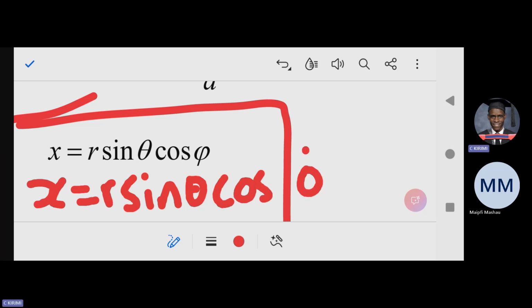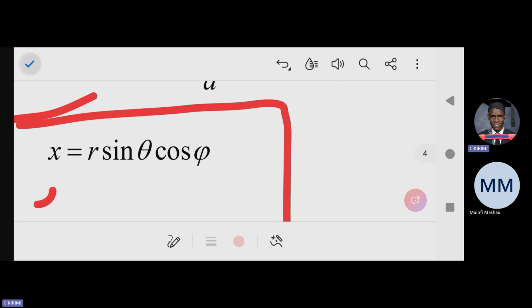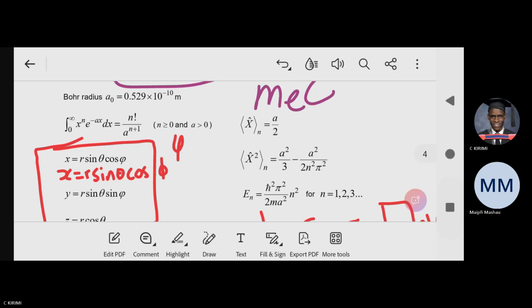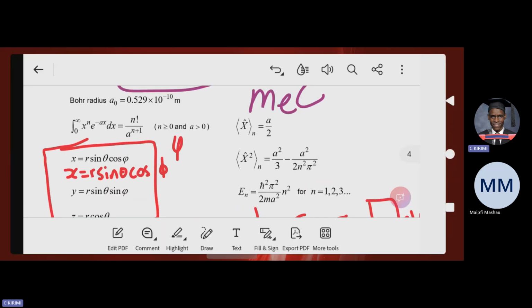So instead of writing phi like that, they wrote it in this other form. You must not be confused. So that is the only difference.